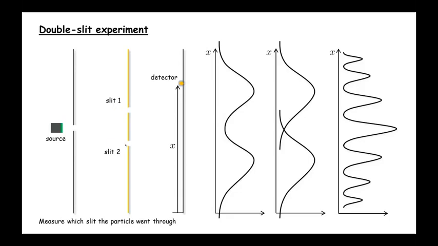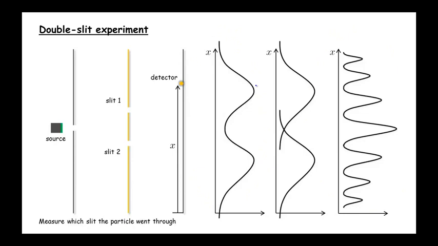Every time you measure it as going through slit 2, it doesn't go through slit 1. But on the other hand, when you do the experiment this way, the count at this detector suddenly changes. You no longer see this interference pattern, but instead you see the pattern we saw with bullets.